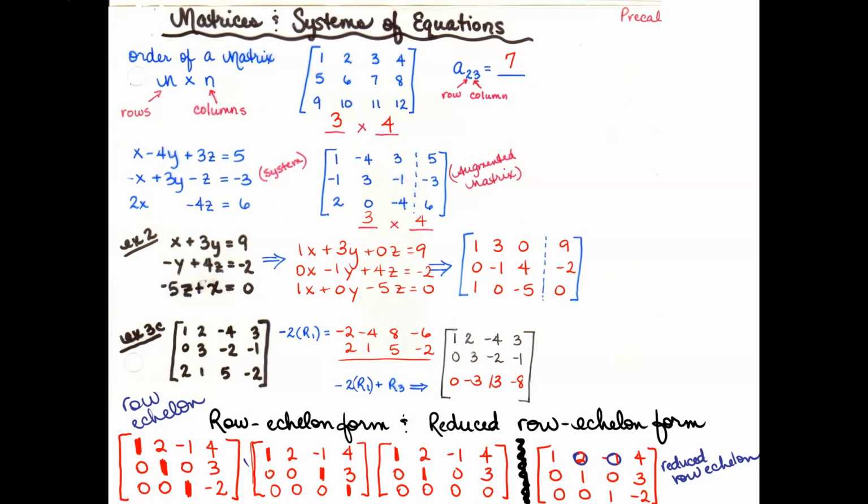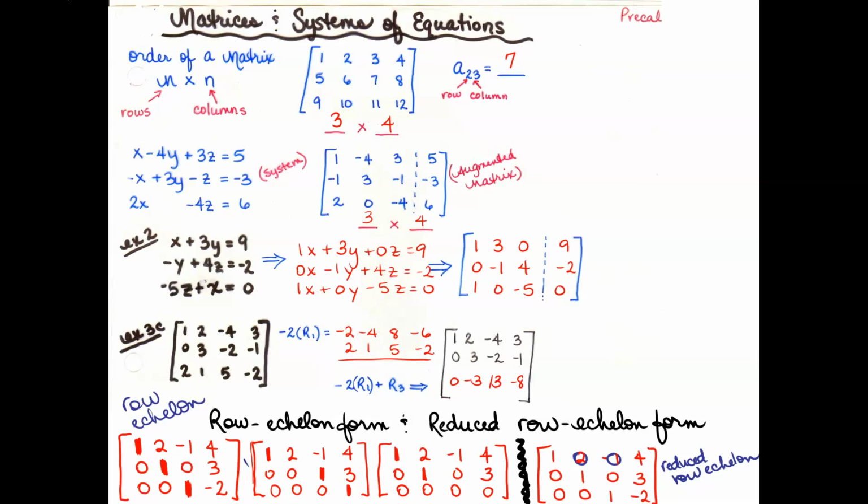Well, what's the big deal about reduced row echelon form? The only difference is above and below every leading one, you have all zeros. So that's why these had to change to zeros.